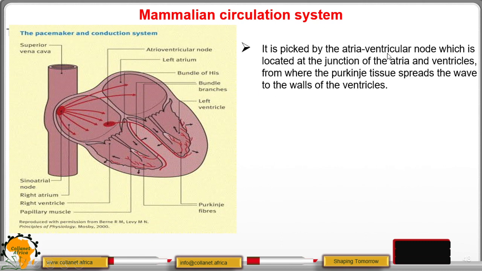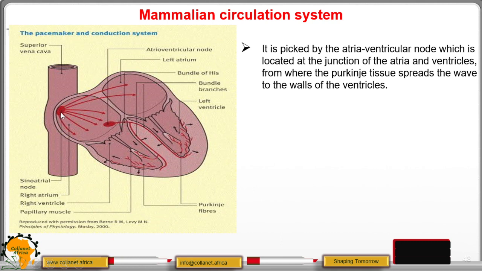This Atrioventricular Node is located at the junction of the auricles and the ventricle, from where the Purkinje tissue, you can see the Purkinje tissue, spreads the waves to the walls of the ventricles. You can see these waves are being spread towards the walls of the ventricle with the assistance of the Purkinje tissue.